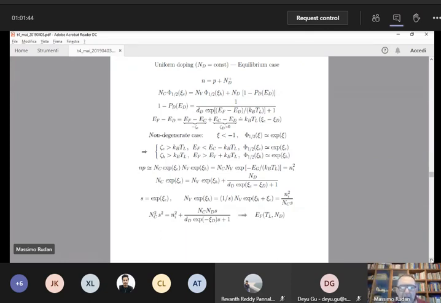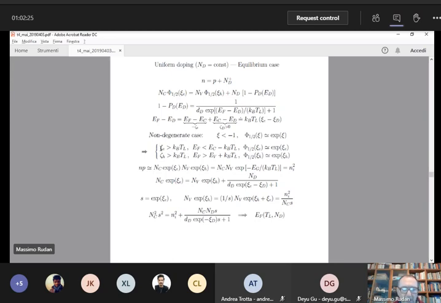Okay, if it is possible to make this replacement, you remember this happens when the parameter psi that appears in the Fermi integral is smaller than -1. For the conduction band, this is equivalent to saying that Ze is larger than kT. But you remember Ze is equal to Ec minus Ef.